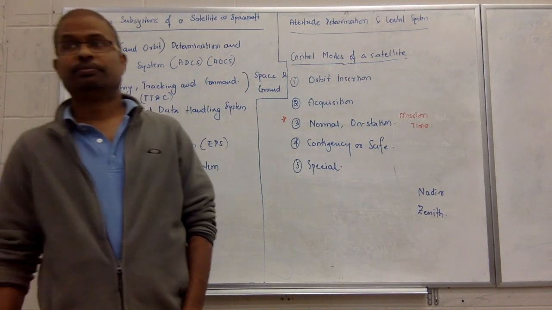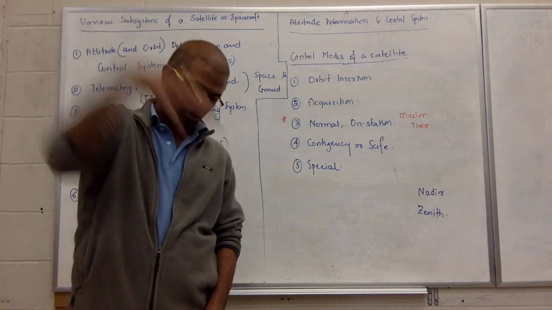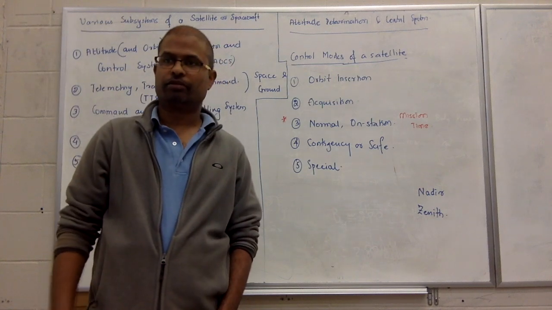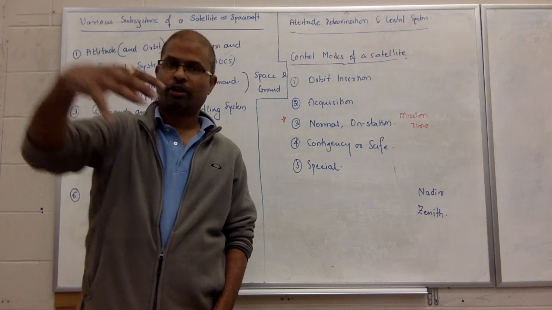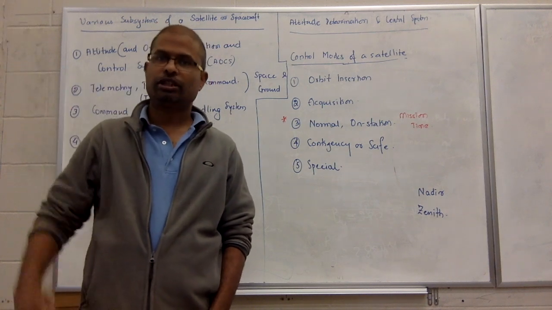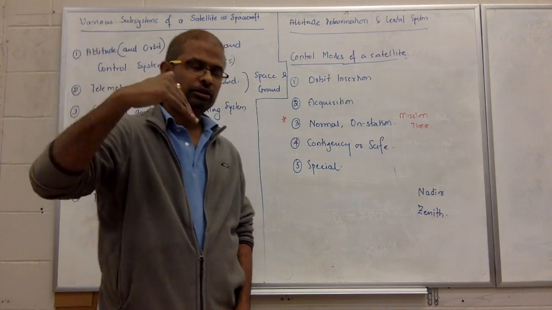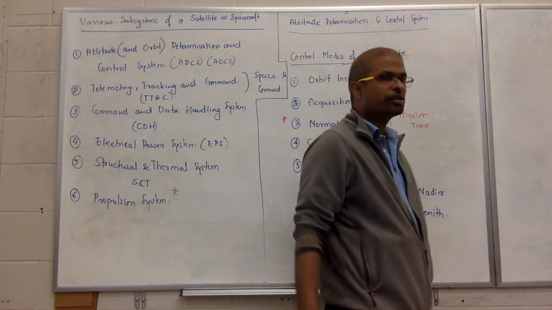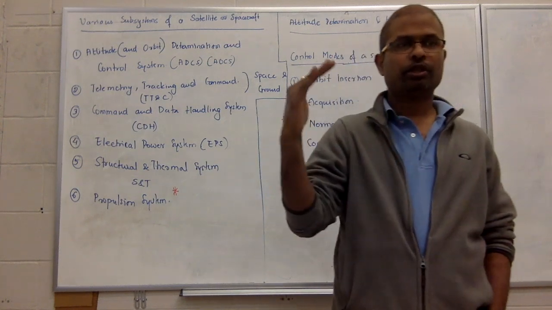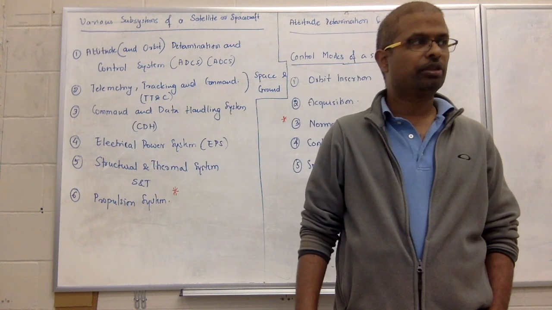What is nadir pointing? When you're up in space and you're pointing the satellite towards the Earth, that's nadir pointing. How do you define this? It is perpendicular to the orbit tangent. Does that make sense?